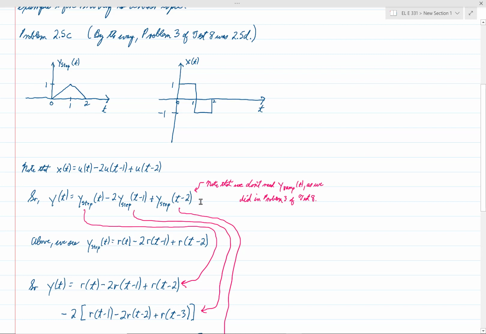That is, it required knowledge of the response of the system to the ramp function. But this input doesn't contain any ramps at all. It only has steps in it. And therefore, we don't need to know y ramp of t to calculate this function.